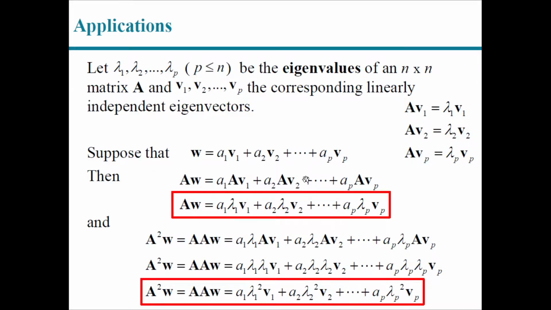And then I say, hey, but AV1 is lambda 1 V1, so replace AV1 by lambda 1 V1. AV2 is lambda 2 V2, so replace AV2 by lambda 2 V2. And continue like that. So what you get is that AW is actually just a number times a vector plus a number times a vector.